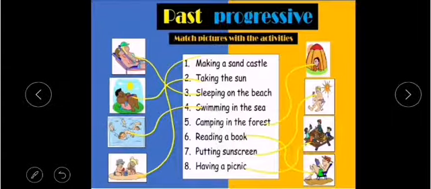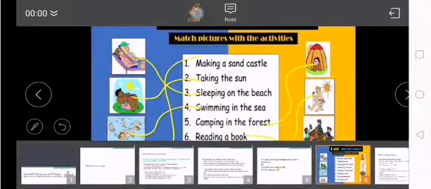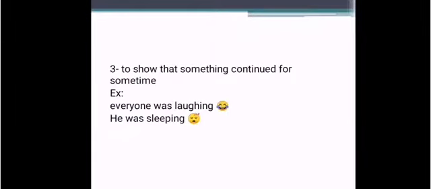These are normal activities, just so we know them. After that we will convert them to past continuous. For this part we're done with it. Let's move to this one.